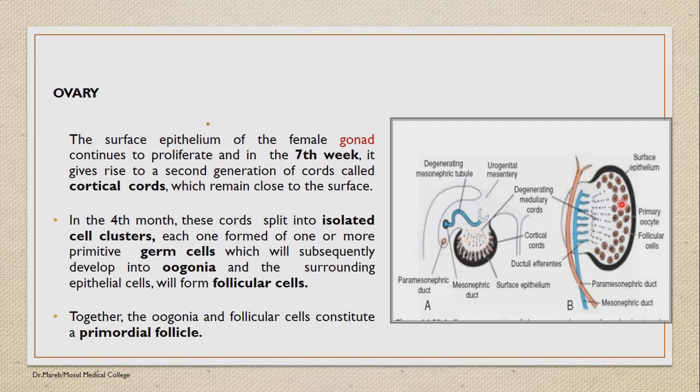If we remember, these primitive germ cells are derived from the primordial germ cells, which come from the wall of the yolk sac. These primitive germ cells in the ovary will subsequently develop into oogonia, and the cells surrounding them will be called follicular cells. The oogonia and the surrounding follicular cells give rise to the primordial follicle.